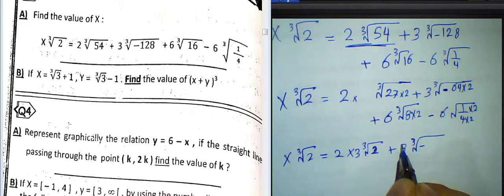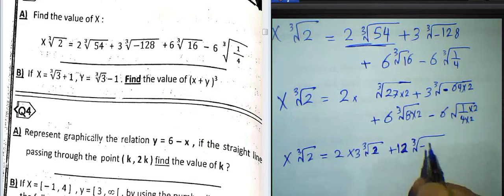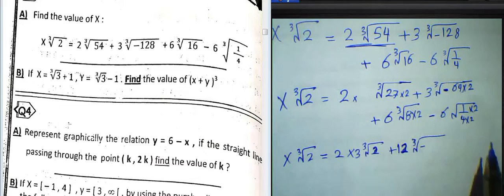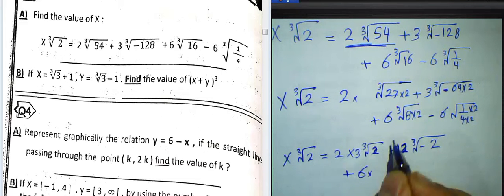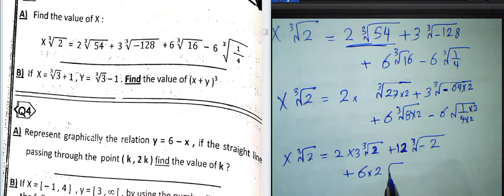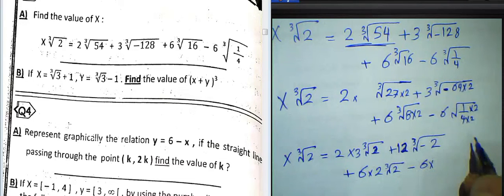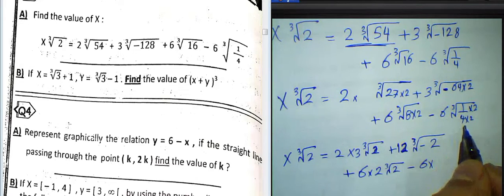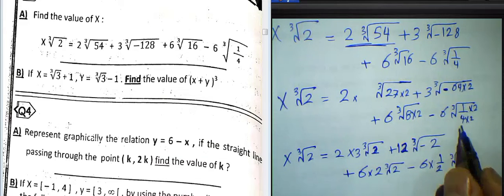Okay, 3 times 4 equals 12. Then 6 multiplied by the cubic root of 8 equals 2, multiply cubic root of 2, subtract 6 multiply, with 8 outside, the cubic root of 8 in the denominator will be 2, and the cubic root of 1 times 2 equals 2.